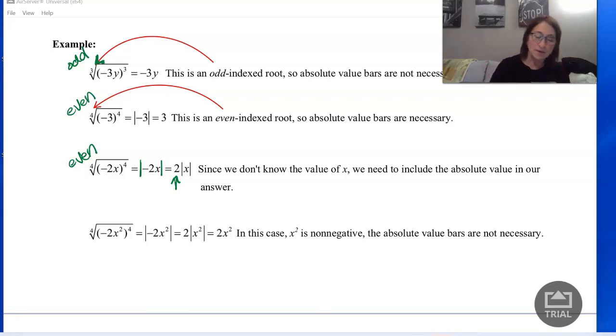Again, for this last one, we have even, but our base is x squared. So the -2, we evaluate the absolute value of -2, which is +2. But x squared is always going to be positive.